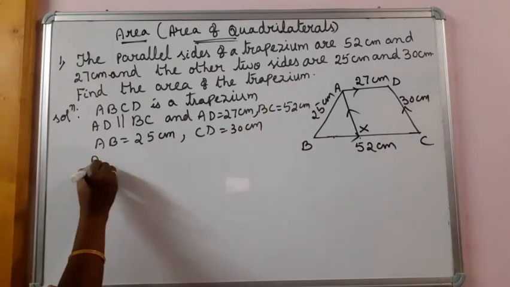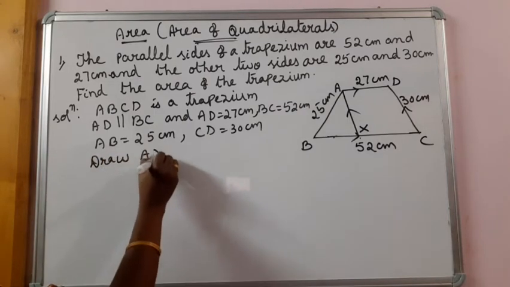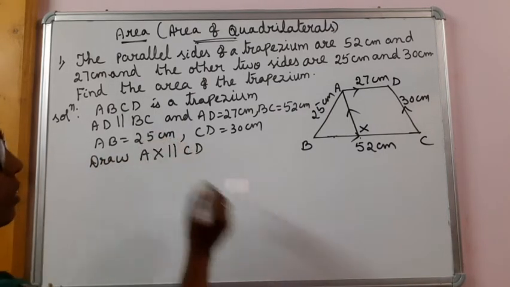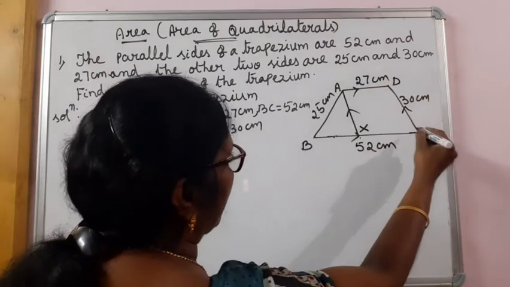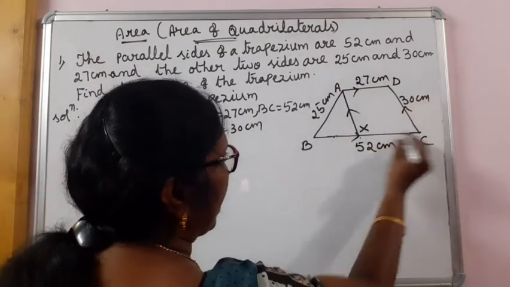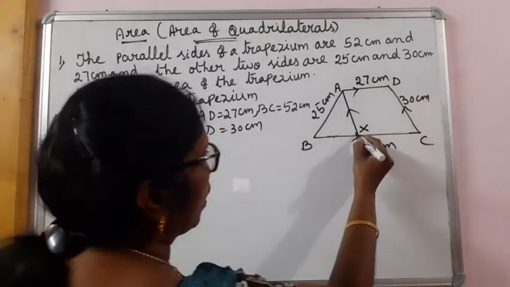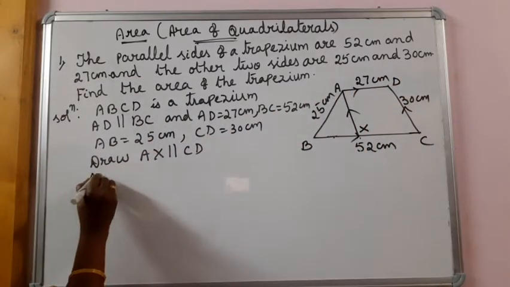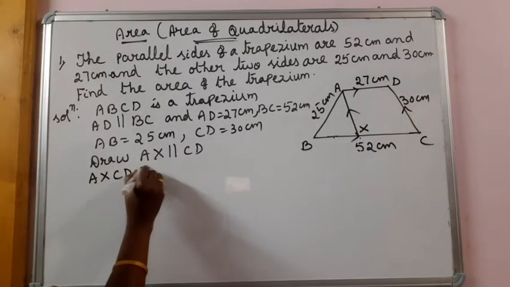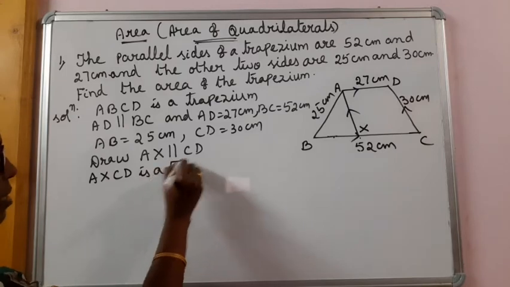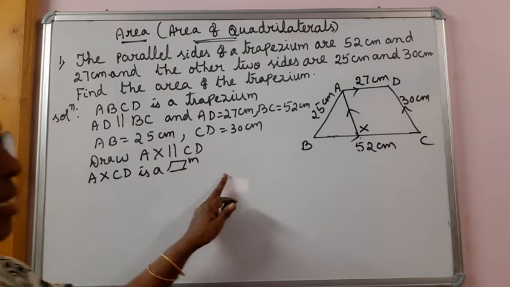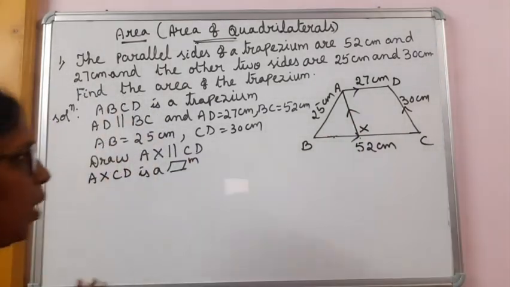Now I told you, draw AX parallel to CD. When AX is parallel to CD, we know that AD is parallel to XC. So AXCD will be a parallelogram. If it is a parallelogram, opposite sides are equal.